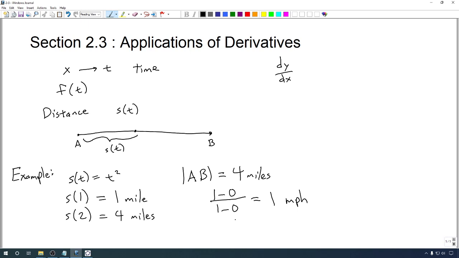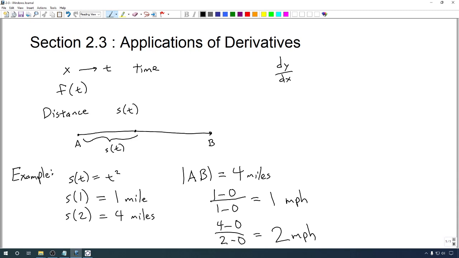But if we look at the whole thing, from A all the way to B, now we've gone 4 miles minus 0, divided by the 2 hours that we took minus 0 hours, and so we went 2 miles per hour over the whole distance.